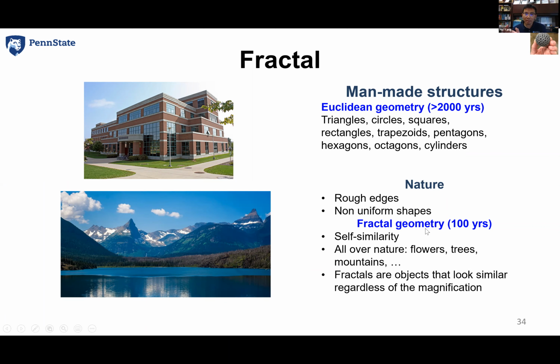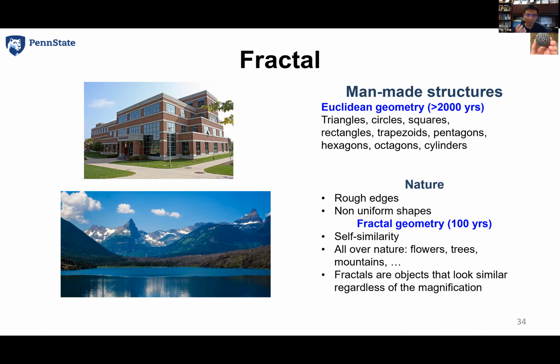Fractals have been studied for the last hundreds of years, and that's not as long as Euclidean geometry. Euclidean geometry has been studied for more than 2,000 years. For example, the man-made structures, like this building. This building is the Penn State industrial engineering building. They are man-made structures by civil engineers and construction workers.